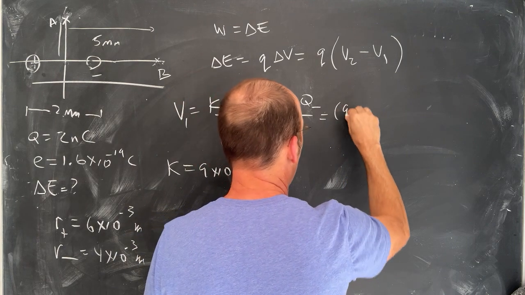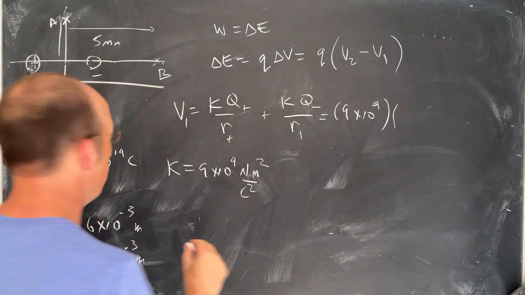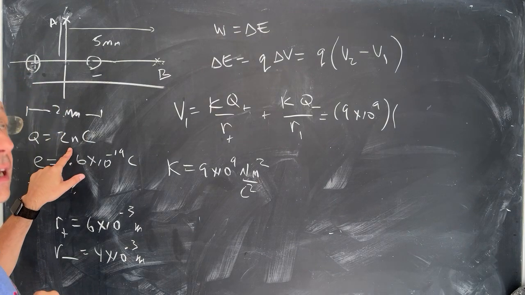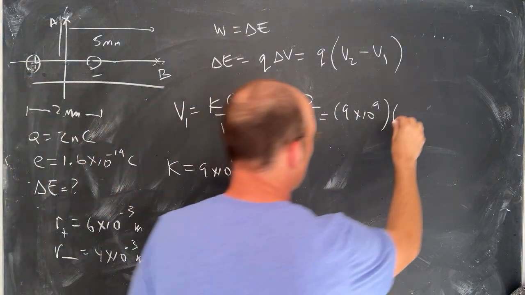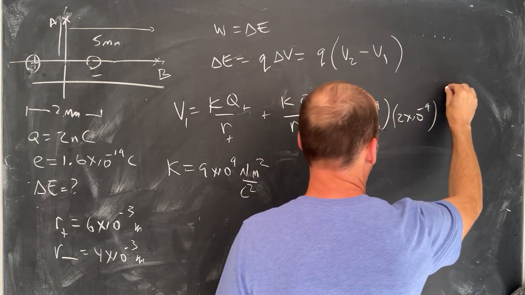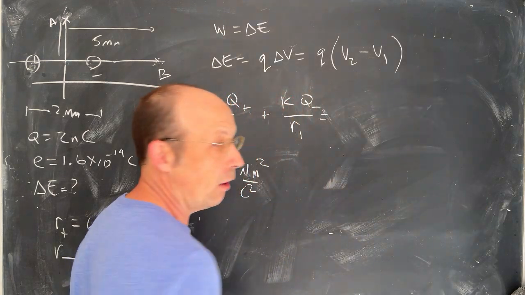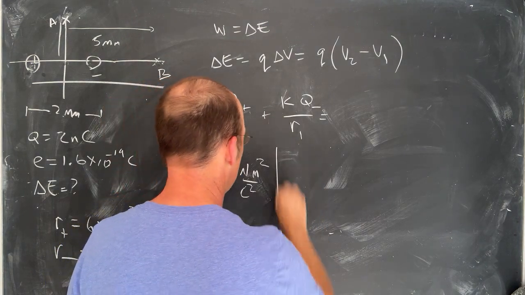So I get 9 times 10 to the 9th. Q is 2 nanocoulombs. A nano is 10 to the negative 9th, so I get 2 times 10 to the negative 9th. And then I'm running out of room here. I don't always plan very well. So let's plan better.